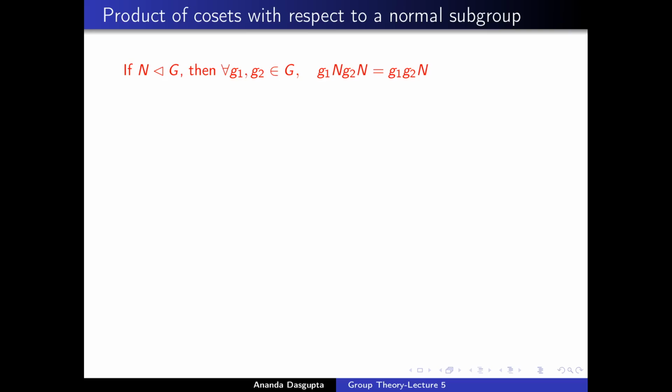Now let me point out one thing. If this statement is at all true, then the coset, which is the result of multiplication of g1N by g2N, has to be the coset g1g2N.